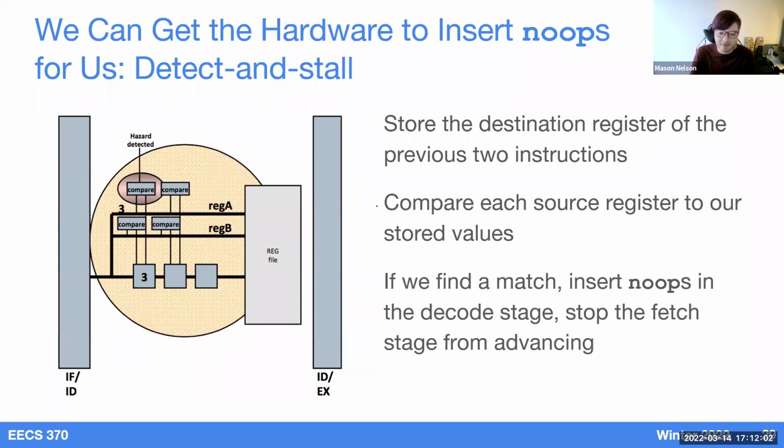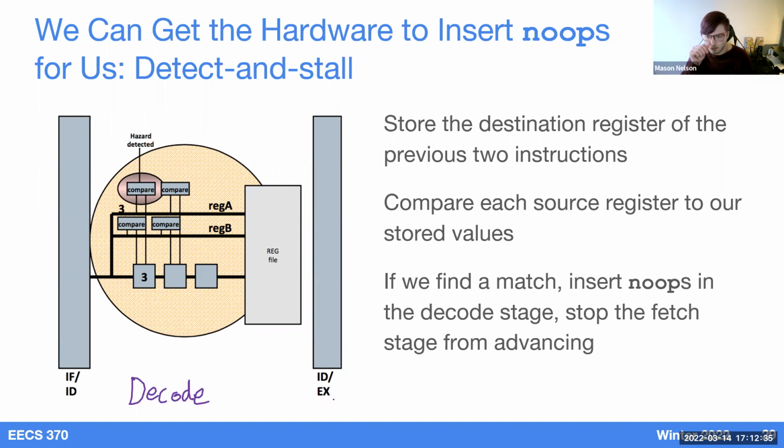We can look back at the previous 3 or 2 instructions and see if the register that's written to is going to be read by the instruction currently in the decode stage. And if it is, then we need to wait for that value to be written back first. So we'll keep whatever instruction is currently in the decode stage there, but we'll just send a no op to the execute stage. And so this is called detect and stall, because we're stalling whatever instruction is in the decode stage and just sending no ops through the rest of the pipeline.